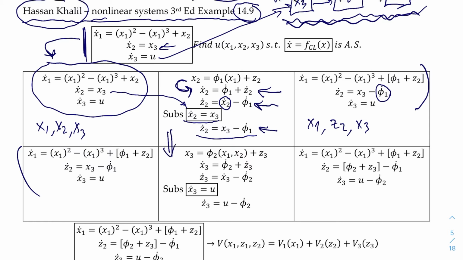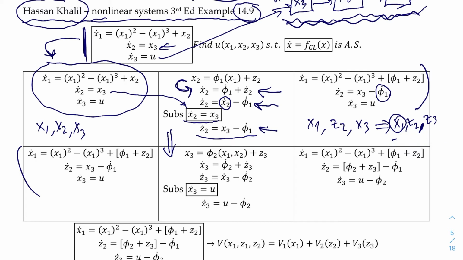And again, as in the previous case, we want to transform our problem from x1, z2, x3 to z2 and z3. If you also rename x1 as z1, that would look better.